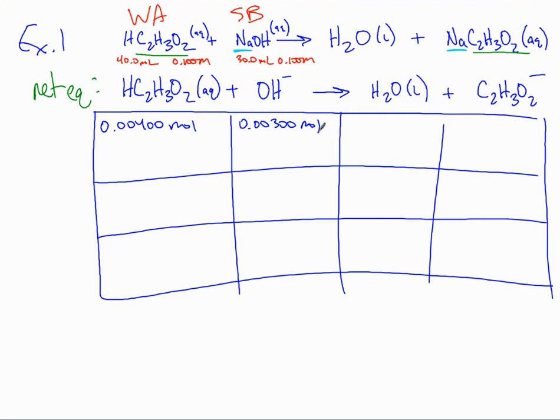So at the beginning, we're going to assume that there's no acetate involved here. And as far as water goes, we haven't produced any water, but you also have to think that there's just a massive amount of water around this, okay? And so water, we tend to leave it out of equilibrium expressions, and for now, I'm just going to not say anything about water. I'm just going to leave this whole column blank, okay?